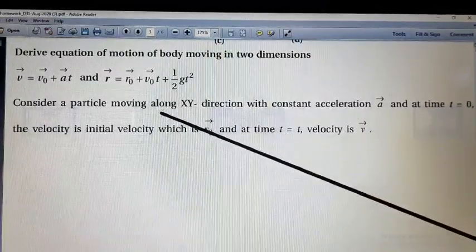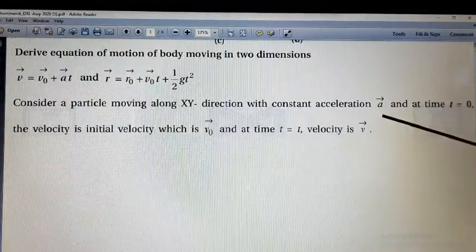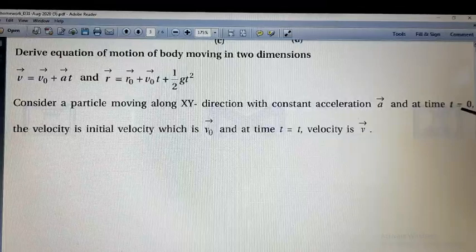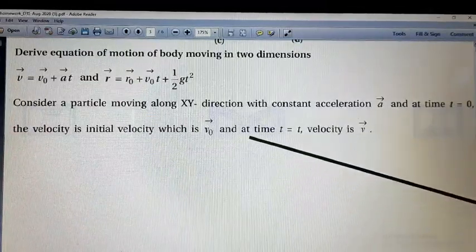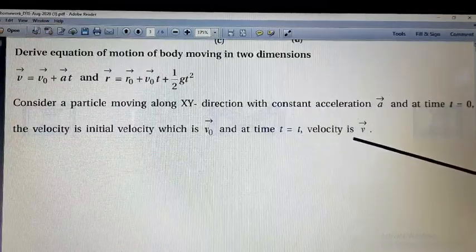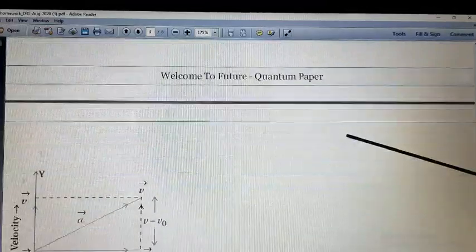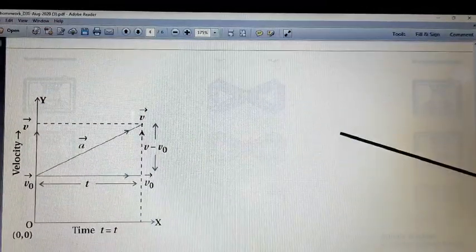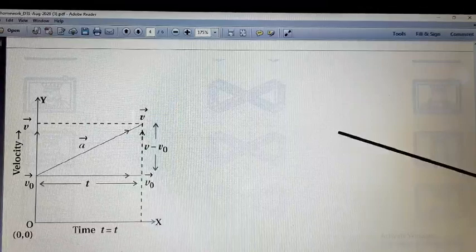Consider a particle moving along the xy direction with constant acceleration a. At time t equal to 0, the initial velocity is v0, and at time t equal to t, the velocity is v. Look here, first of all we describe this figure.